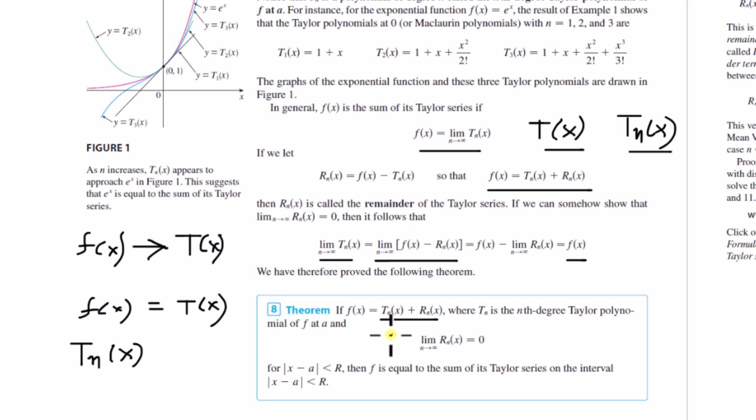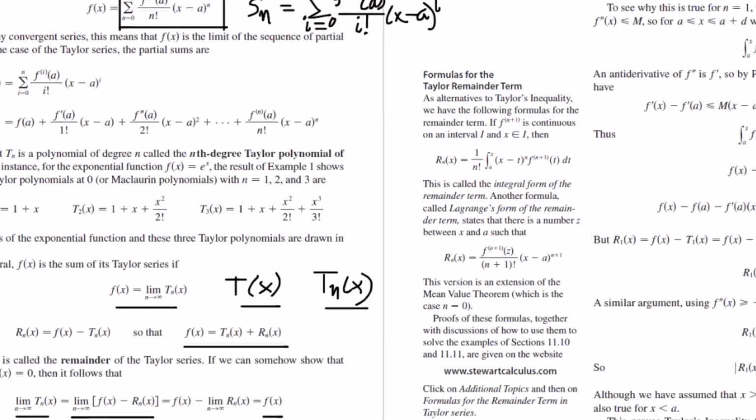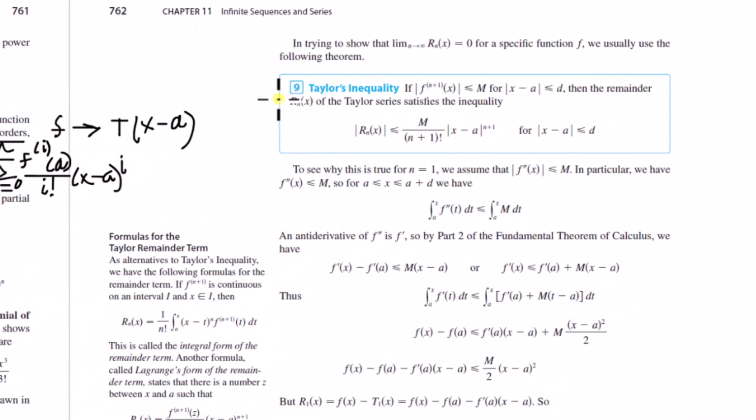So to make this work, how do we get r sub n of x so that it has that intimate tie to f of x? Well, that's what Taylor's inequality is all about. Taylor's inequality is going to give us an upper bound on r sub n of x. Okay, so if we come here, Taylor's inequality is all about giving you an upper bound on this r sub n of x.